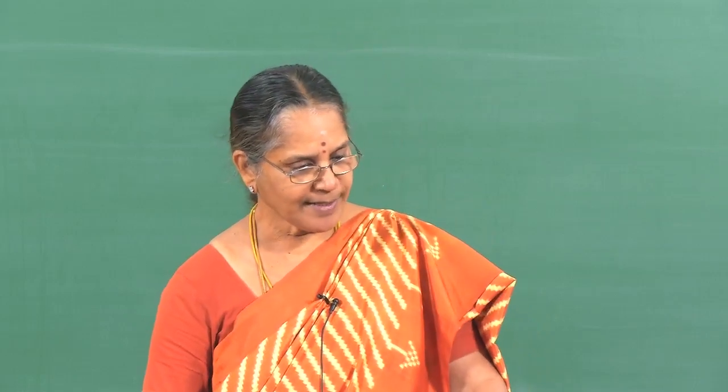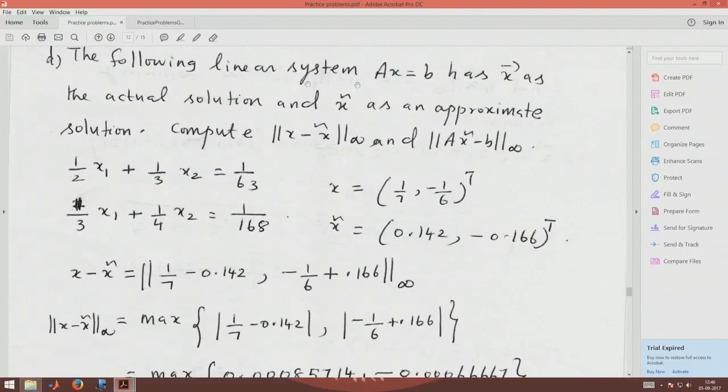So, the problem is the following: linear system Ax is equal to B has x as the actual solution, and x tilde is an approximate solution. So, you are asked to compute the magnitude of the absolute error and also compute what is the residual, namely norm of Ax tilde minus B with respect to the infinity norm.